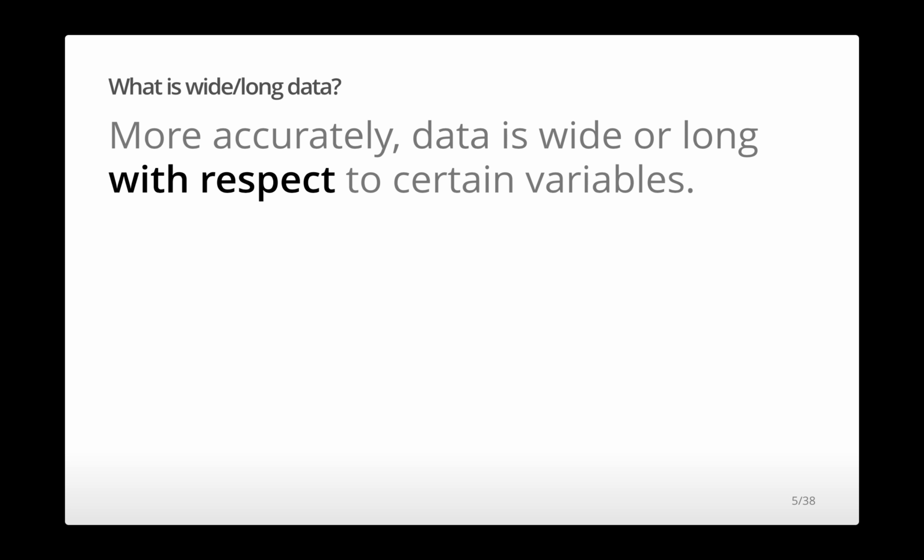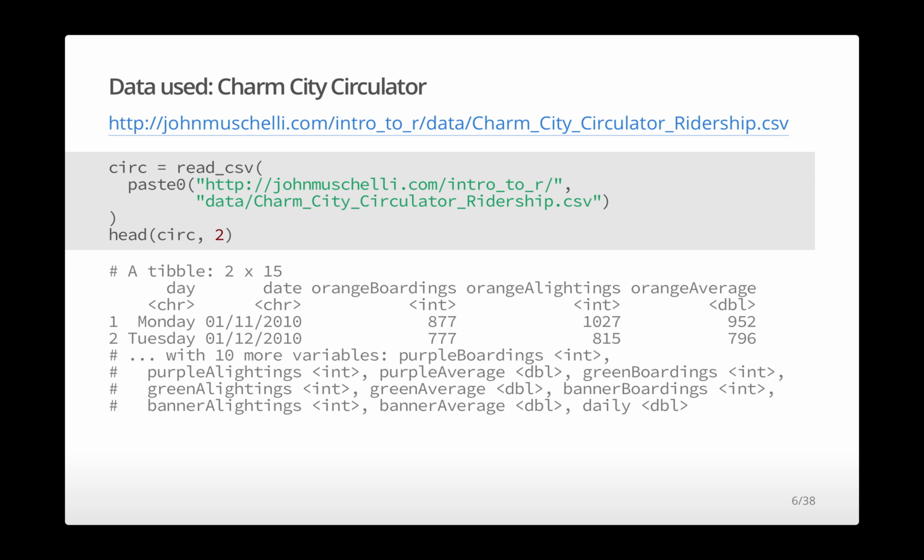In the examples we're going to give, this is the exact data we were talking about: multiple measurements across the days. Orange boarding, orange alighting for a specific combination of the date only had one observation, but you had multiple observations on that day, and they're all in one line.